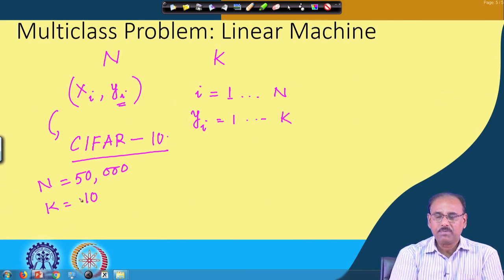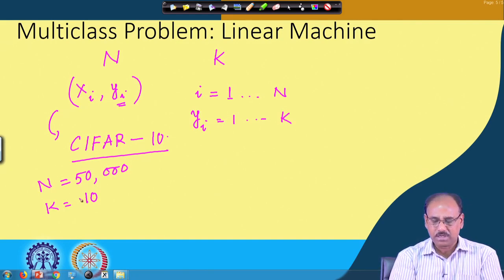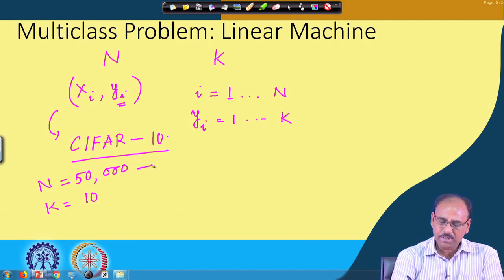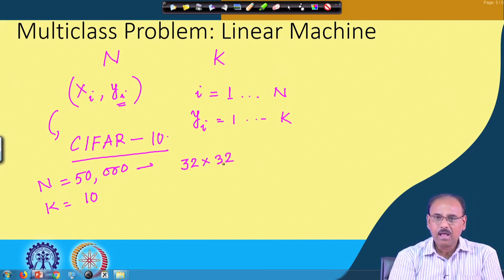The categories are images belonging to car, cat, dog, sheep, horse and so on. So, there are 10 such categories and 50,000 images, and each image is of size 32 by 32 pixels and these are color images. That means there are 3 planes: red, green and blue. So, the number of pixels is 32 by 32 by 3.